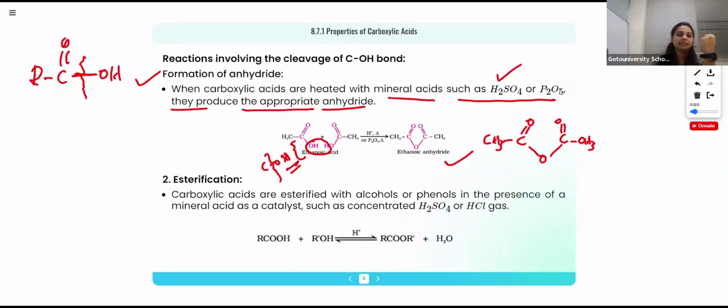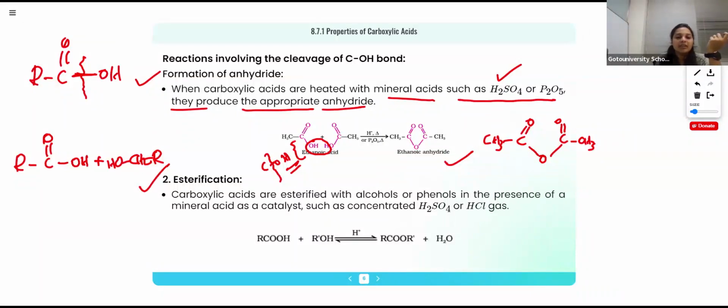Okay, yes. Next one is the esterification reaction. We already discussed it, right? RCOOH reacts with RCH2OH.